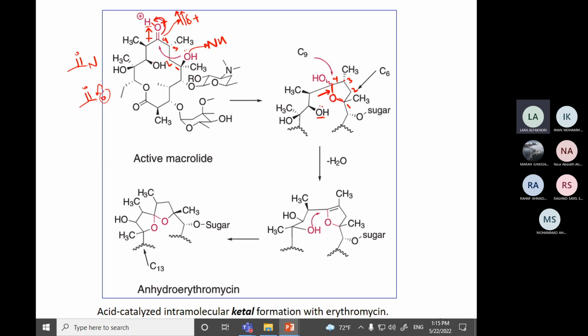Before the attack, sorry, I should have explained this before: because of the acidic conditions, elimination can occur.